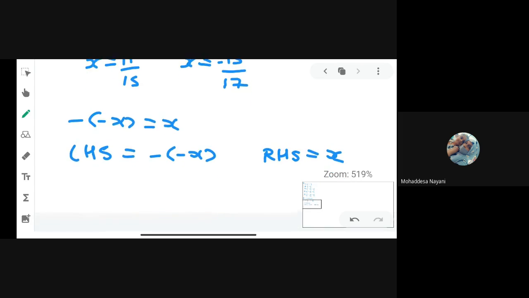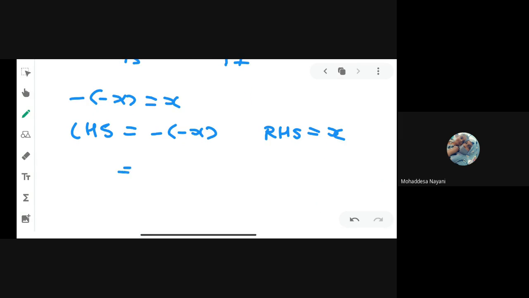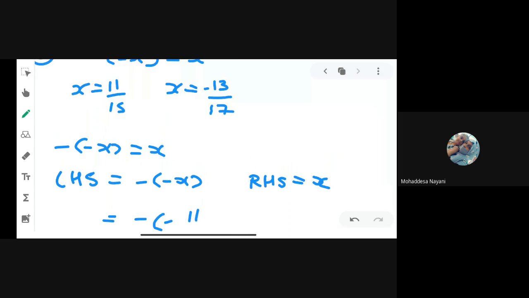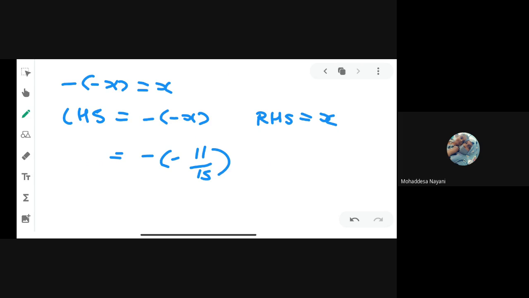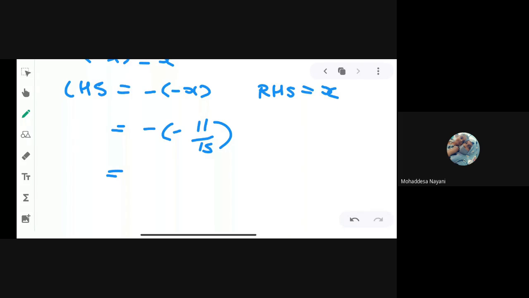Yes. Okay, now we are putting the value of x. So minus minus 11 by 15. If you open the bracket, then you can see minus minus plus, so plus 11 by 15.